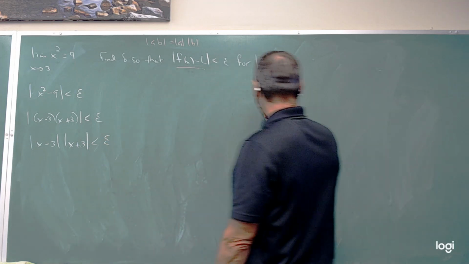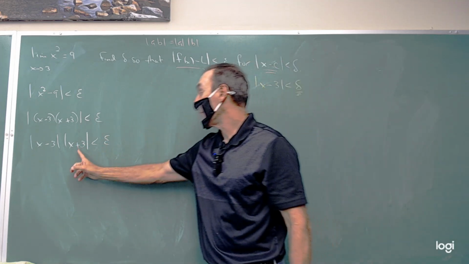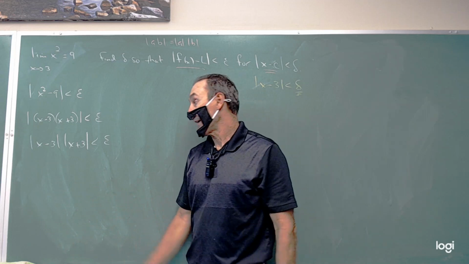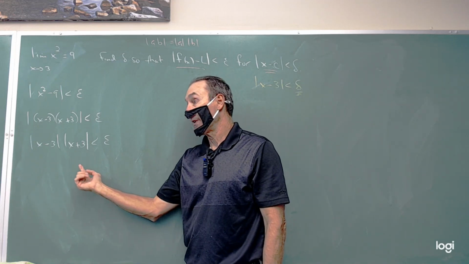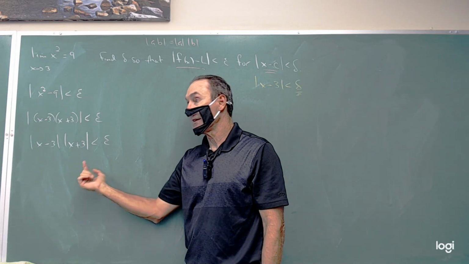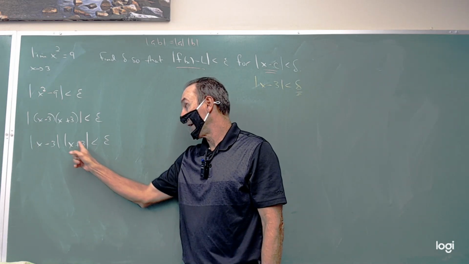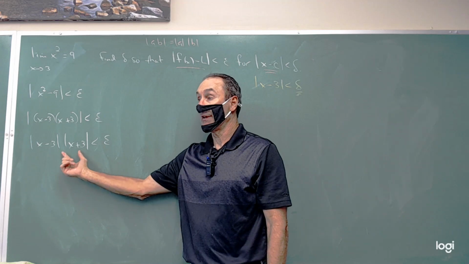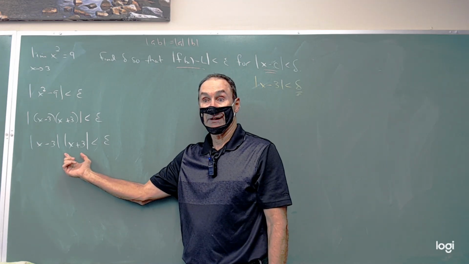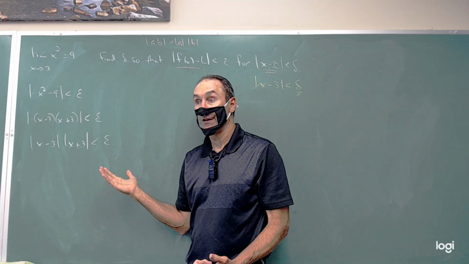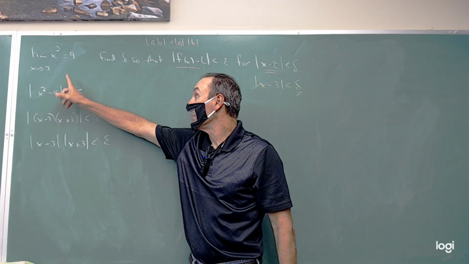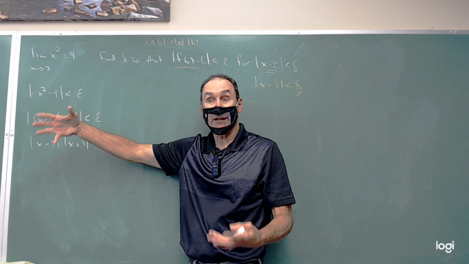We want to keep the x minus 3, but we want to get rid of the x plus 3. Now before, when that was an ordinary number, we could divide it to the other side. When it's a variable, that's not a legal move because we don't know that x plus 3 isn't equal to 0. So for the wrong choice of x, dividing by this would be undefined. So this is where we use a little bit of artistic license.